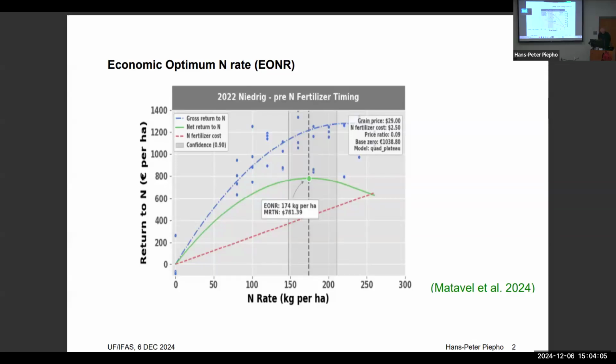So experiments are conducted to determine economic optimum rates. And there are, of course, questions of model choice. There are questions of how many replicates we need, how many levels we need, and also questions around what is the optimal design to fit, or to be able to estimate, those models.